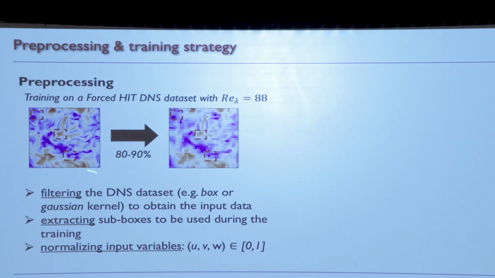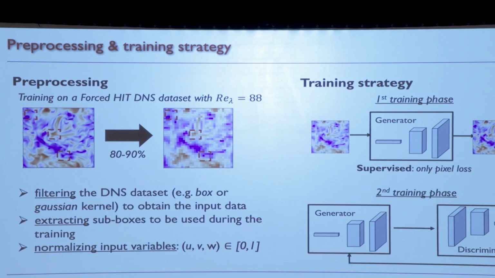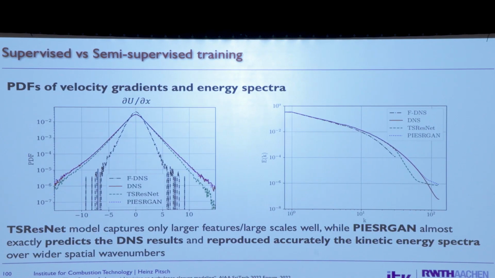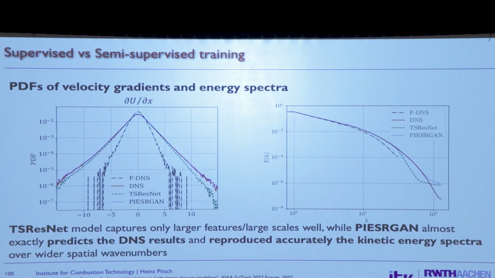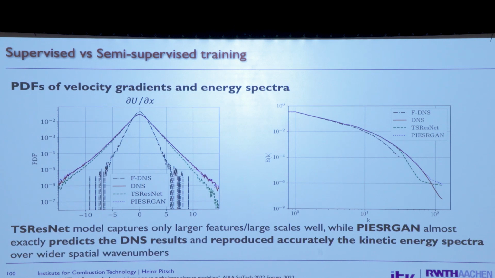Okay, so maybe we don't need to discuss this in detail. This is all about the training process, how this is done, and this is some result here. This is the velocity gradient statistics. So we are interested in gradients, and so these are velocity gradient statistics.